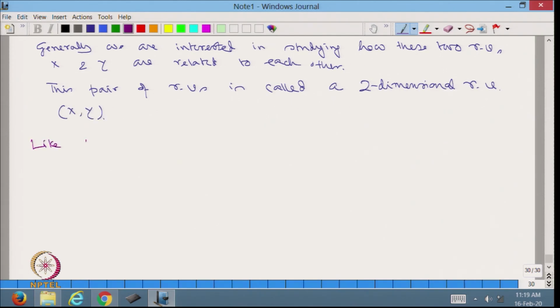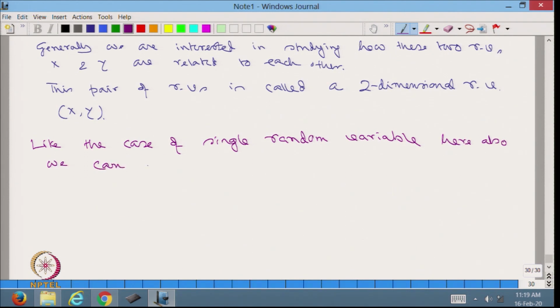Like the case of a single random variable, here also we can have a discrete and a continuous case.